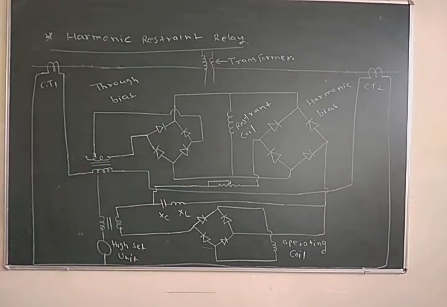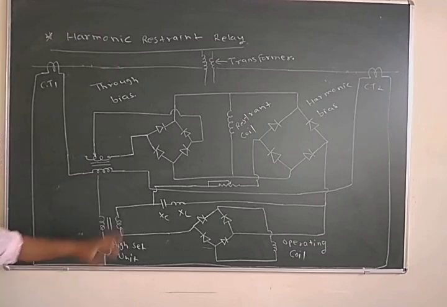Before discussing the operation of this relay, we discuss harmonic inrush current. What is inrush current? It is the current that flows when we initially energize the transformer, then a high current flows in the transformer winding to set up a magnetic flux in the core.